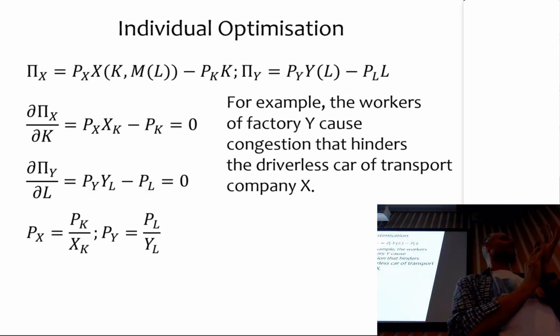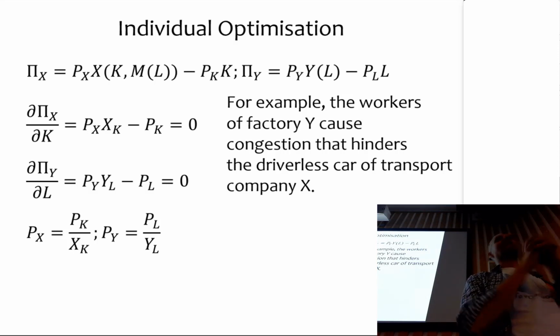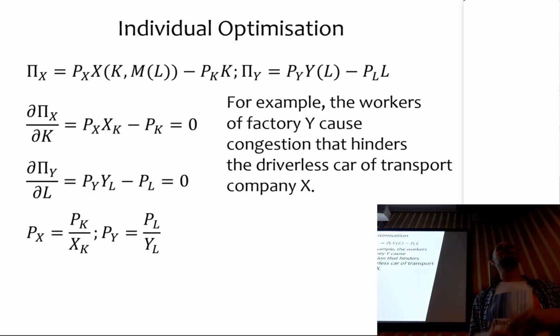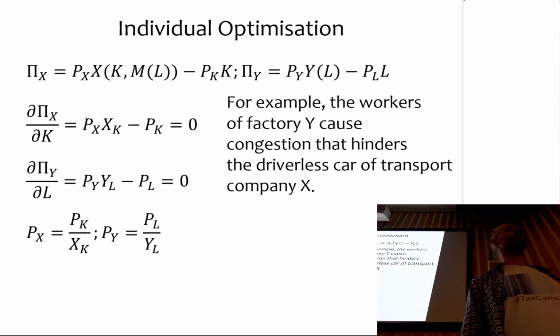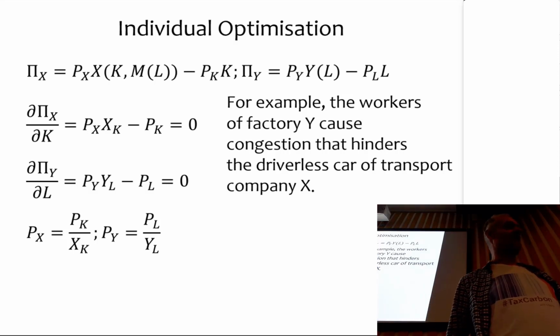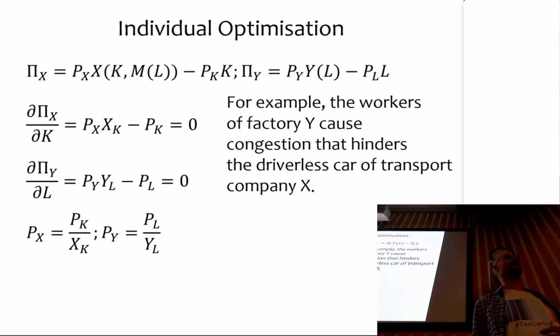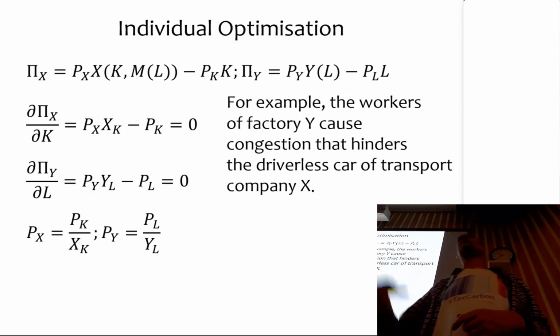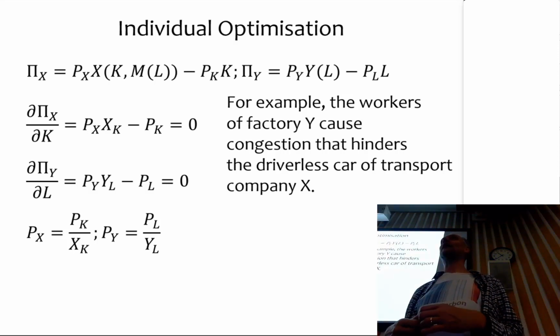That is the way to think about this. Now, it's a silly example. Any more realistic example would make the math much more difficult, right? So let's stick with a simple example. We have a company Y, and the workers of company Y are a nuisance to company X. That's essentially how to read this.